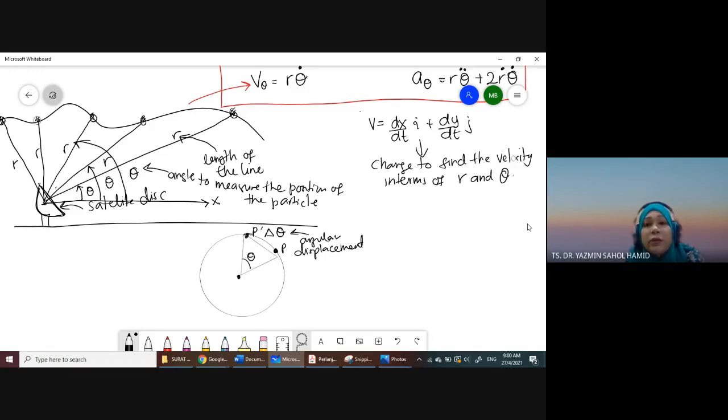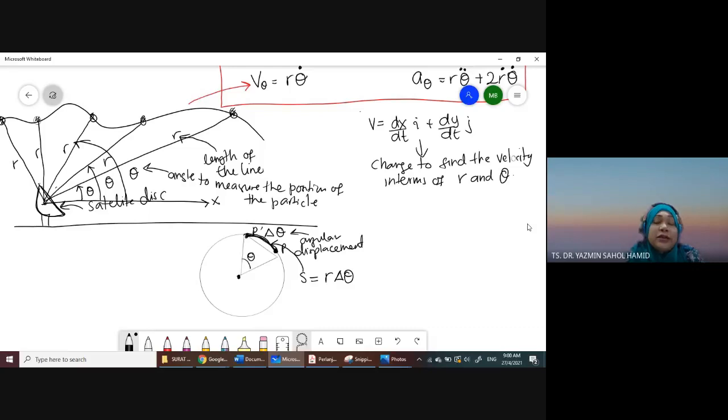So usually when you want to calculate the distance, this S, do you remember the formula of a circular distance? S equals to what? R times change in theta, or R theta.